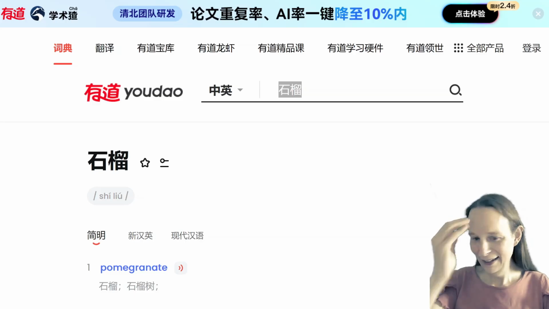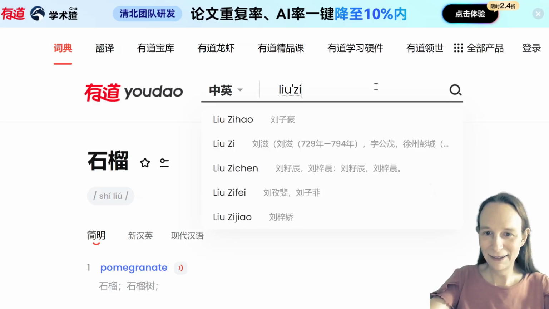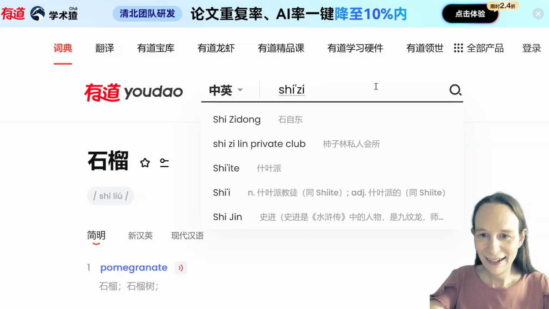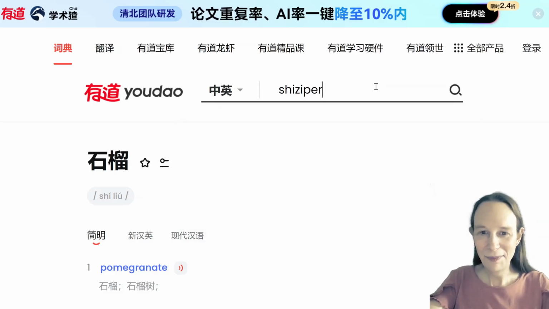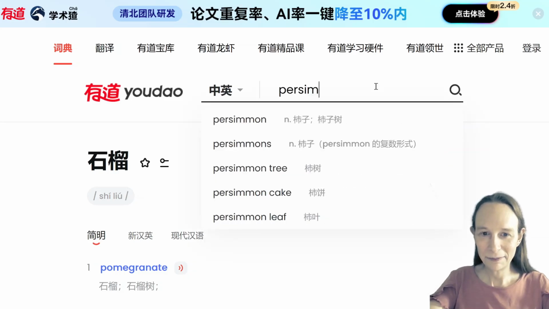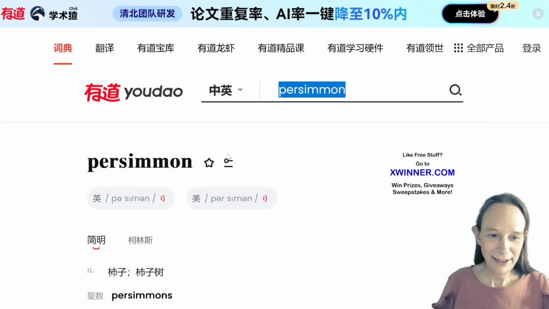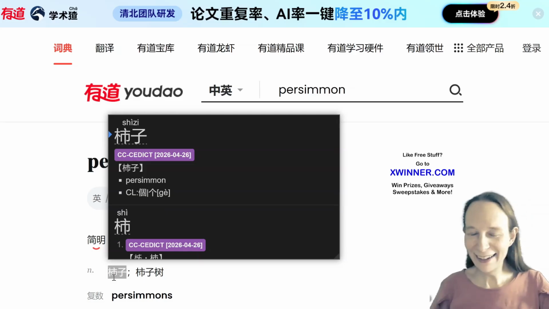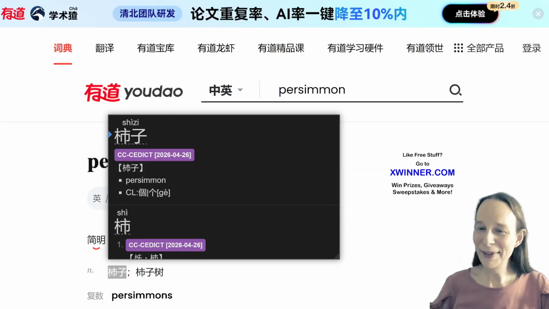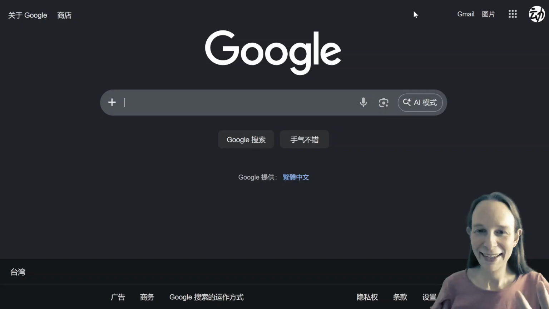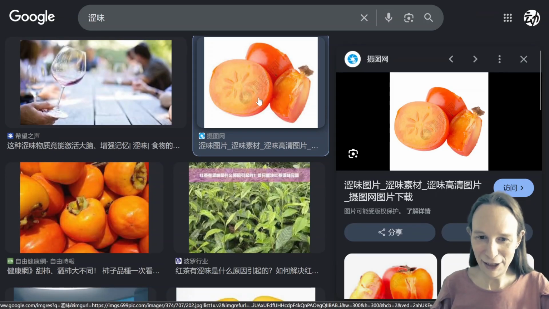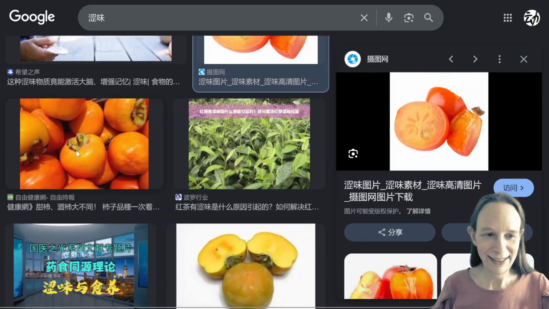No, 柿子. I told you I always get it mixed up. Maybe I'll just put it in English. This one, 柿子. Okay. I get 柿子 and 石榴 mixed up, and they're totally different fruits. But anyway, apparently this is 柿子 and this is 柿子.